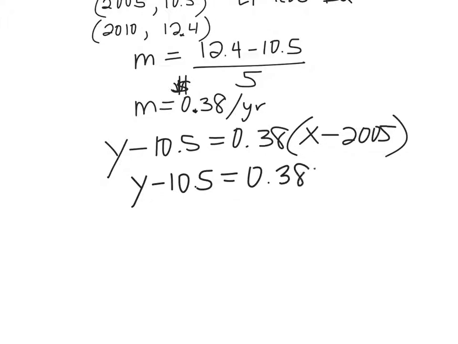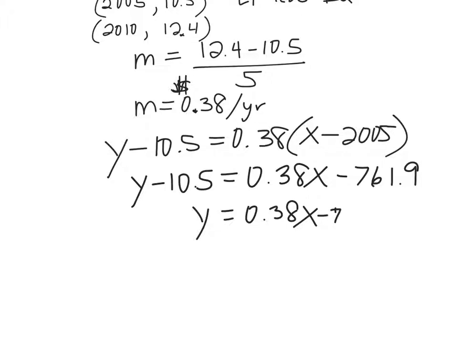That's okay. So that would be minus 761.9. And then we're going to add 10.5 to the other side. So you should get y equals 0.38x minus 751.4. Okay, yeah? Ooh, good. I got some head shakes on that one.